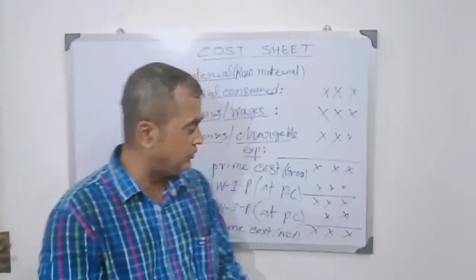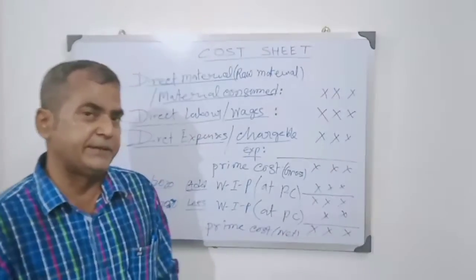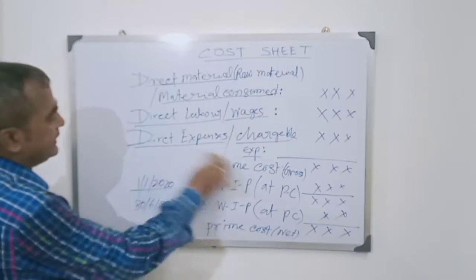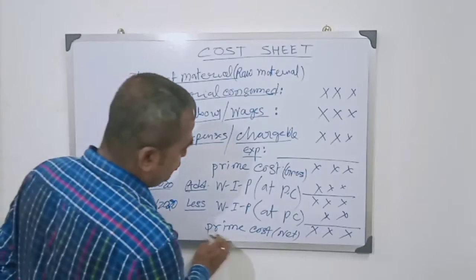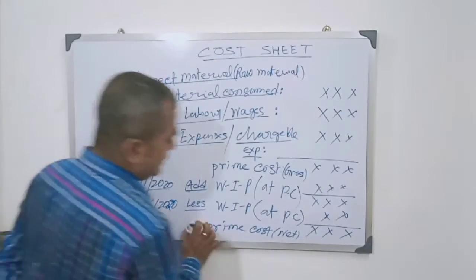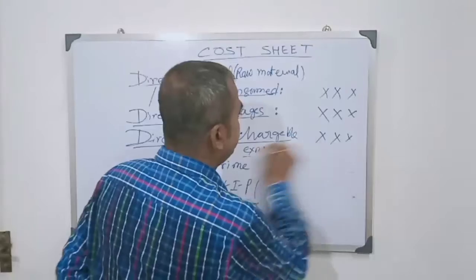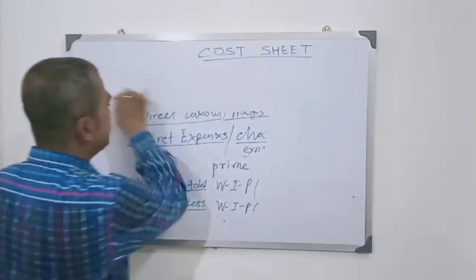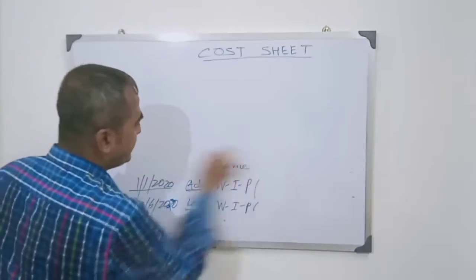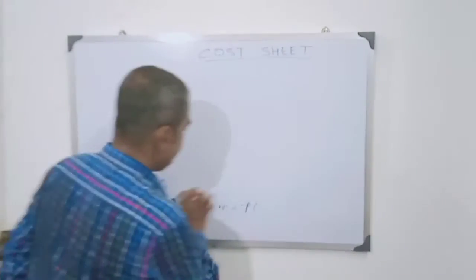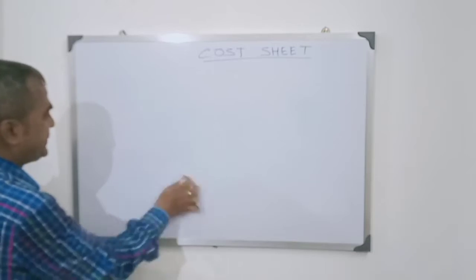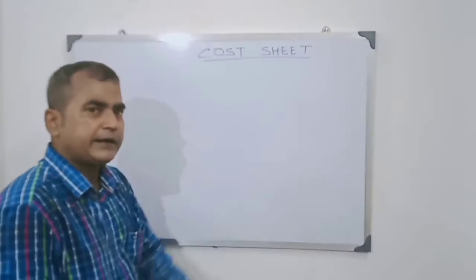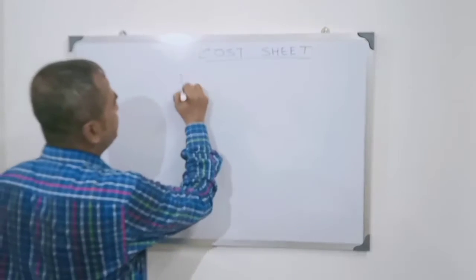So till now, prime cost is very clear. I have accumulated direct material, direct labor, direct expenses, and I have reached the prime cost. Now I have the prime cost in my hand for the current production.